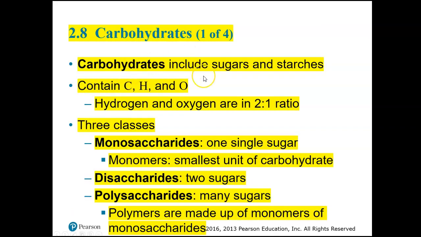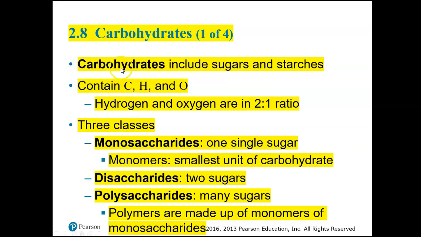All right, carbohydrates include sugars and starches, as well as some structural carbohydrates that we find in the cell walls of certain living things. The word carbohydrate tells you chemically the elements that compose carbohydrates.